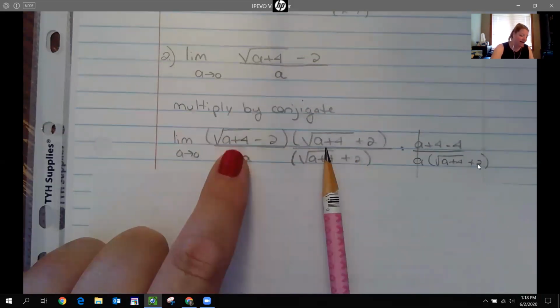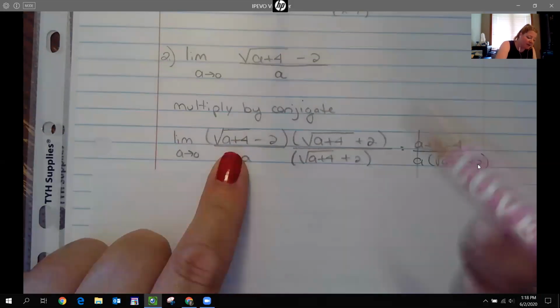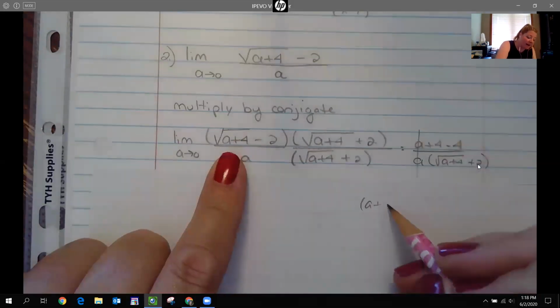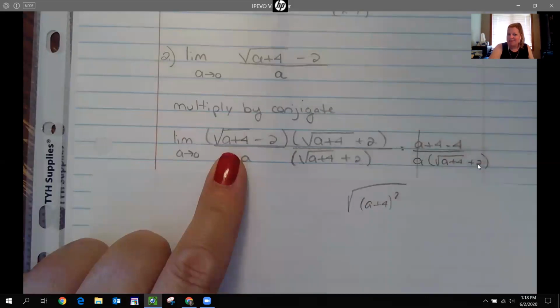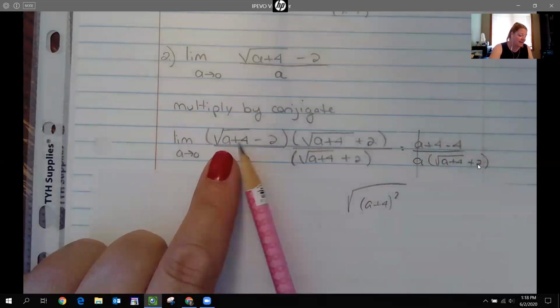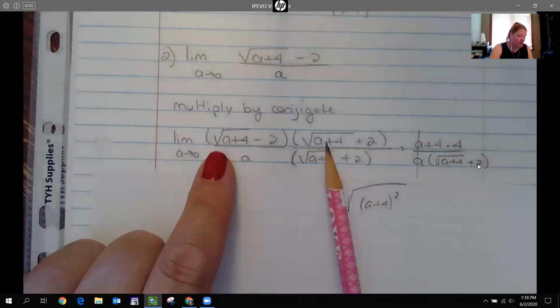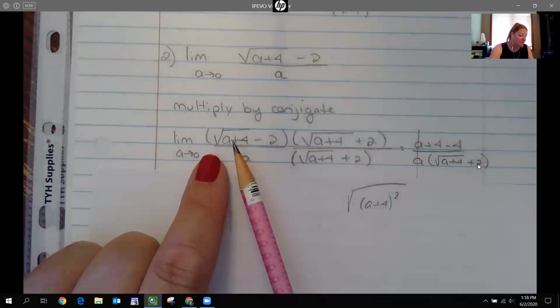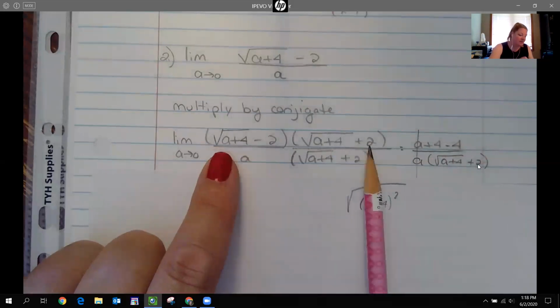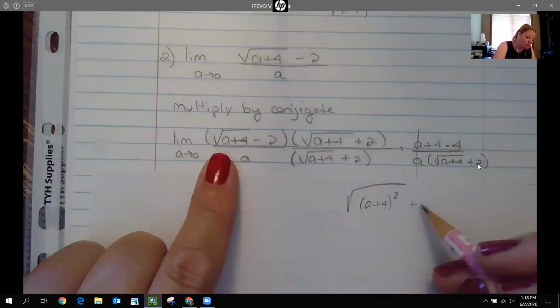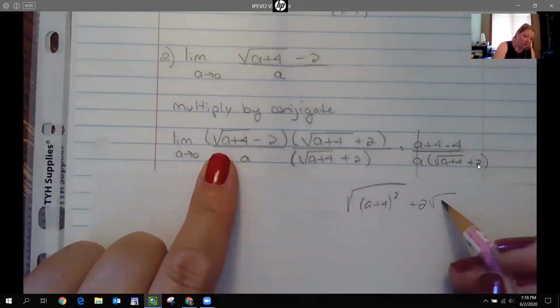I didn't show that full step, but if I multiply those, it would be the square root of a plus 4 squared, which does reduce to just a plus 4 right here. Now that times 2 is going to be positive 2 square root a plus 4.